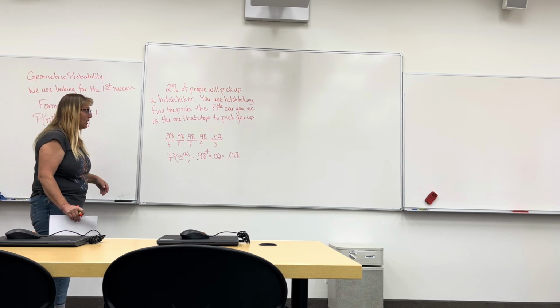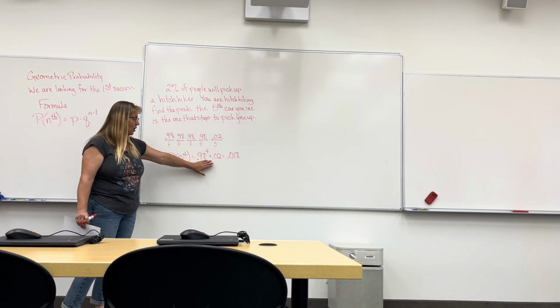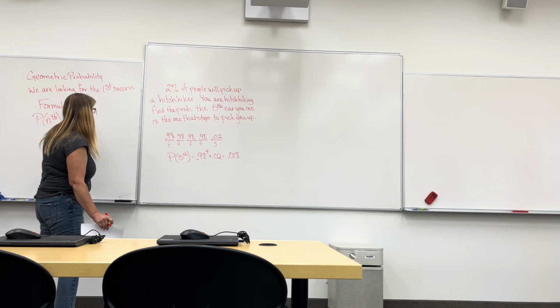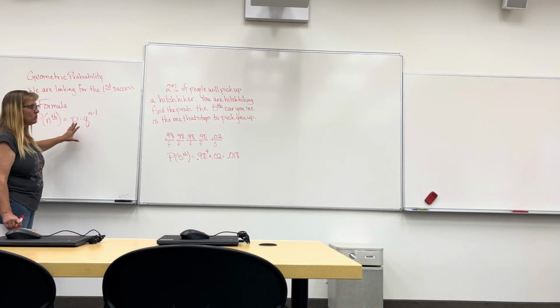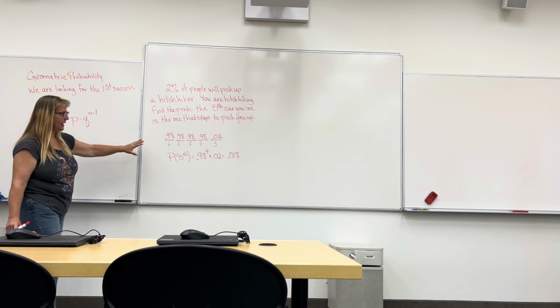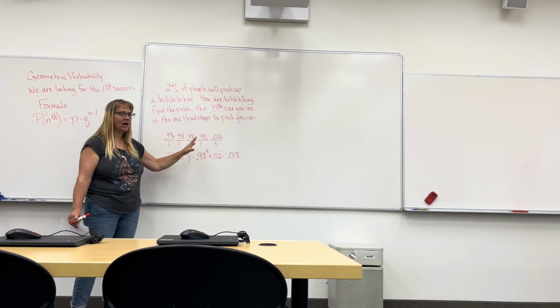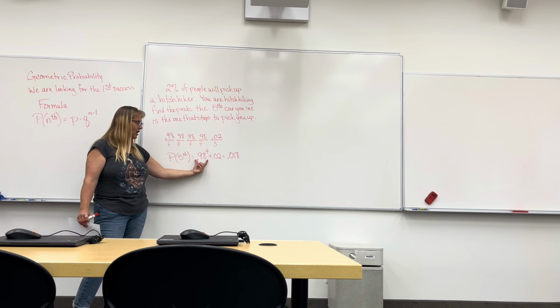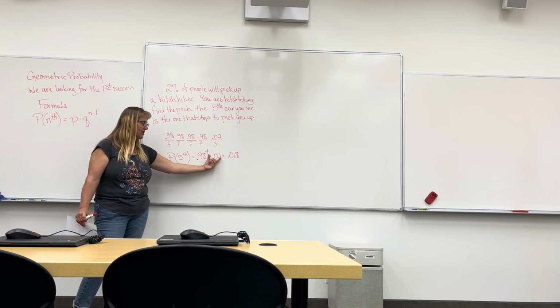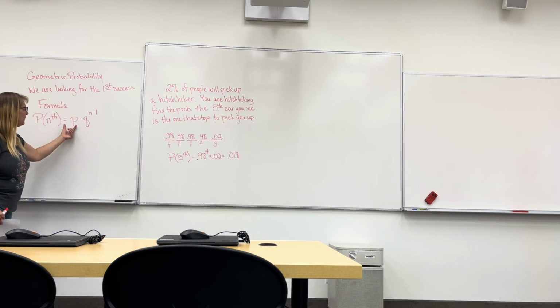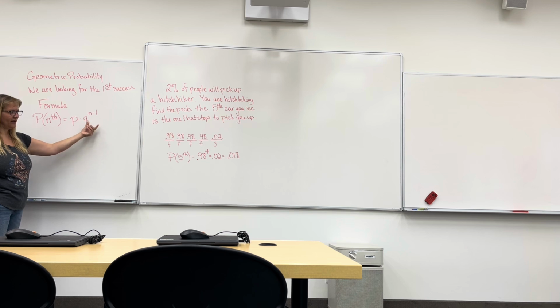Now, here we have our problem the way we did it, and here we have the formula. The reason why I'm not fond of the formula and I like to do it this way is because the way that we have it written down is the way it actually happens. You get your failures first, and then you get your success at the end. But the way the formula has it written is the success comes first and then the failures.